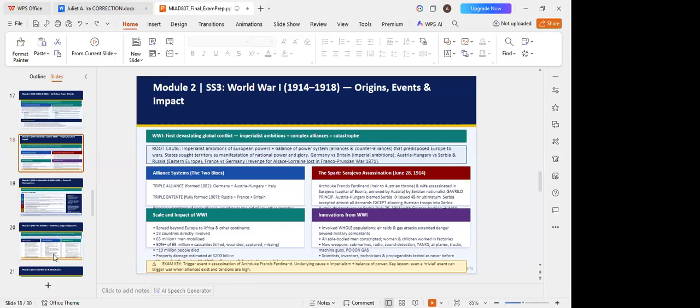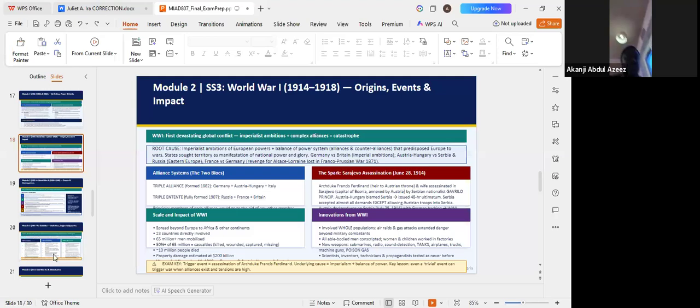Now, the question says we should talk about the effects of these wars. That's the past question, and I don't want to waste time going into everything. The effect of the First and Second World War on contemporary international politics. Number one effect of these wars is the collapse of empires and the emergence of new states.